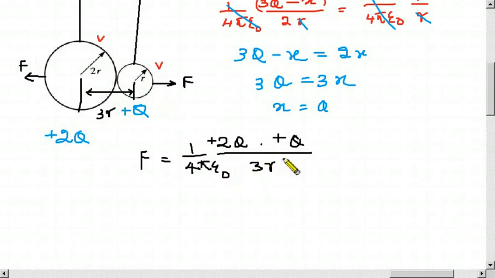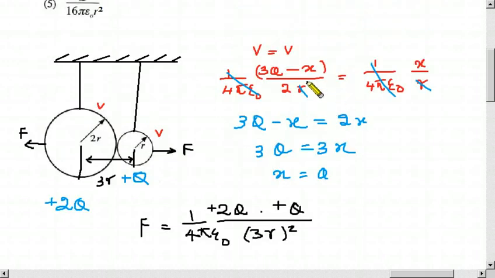But 3r, the total thing squared here. Remember, the force equation has a square value. This one is the force equation, not the voltage. In this voltage equation we don't write a square, that is linear.